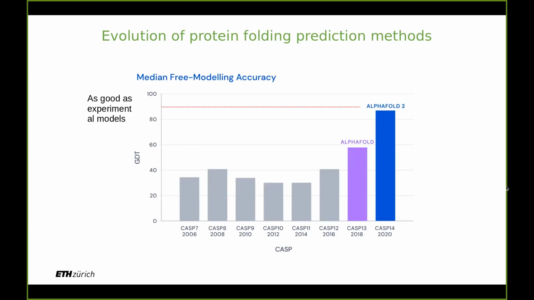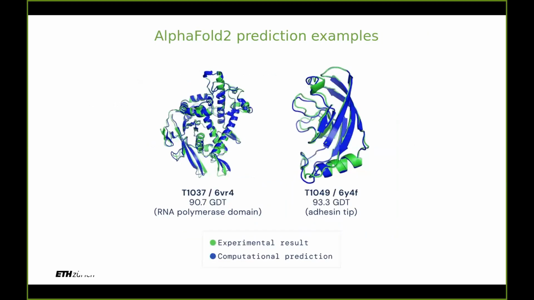And AlphaFold, in particular in 2020, released predictions that reached a level of performance that can be considered as good as experimental models, which is only true for certain types of structures. It is only true for proteins that are fairly globular and organized, and also potentially not membrane bound, and so on. So there are some constraints about which ones can be used, but it's been a really big improvement in the capacity to predict structure from sequence.